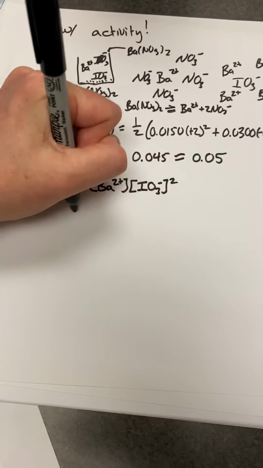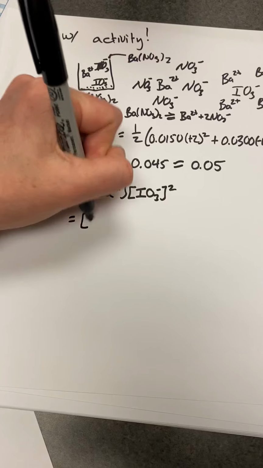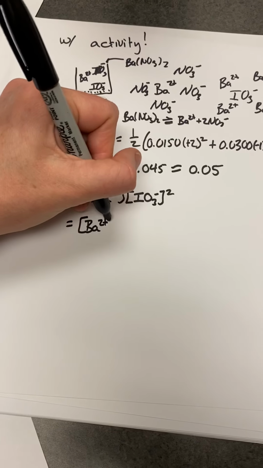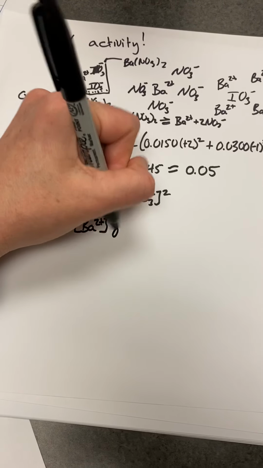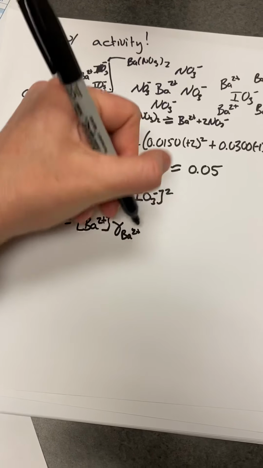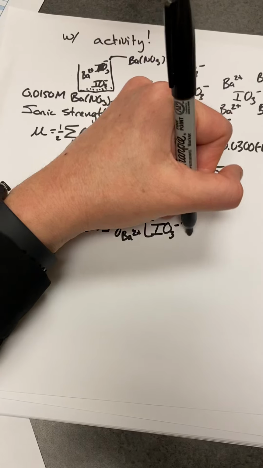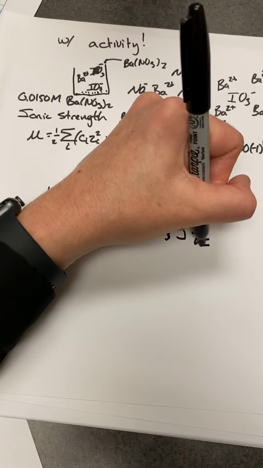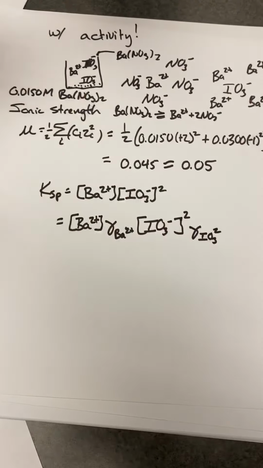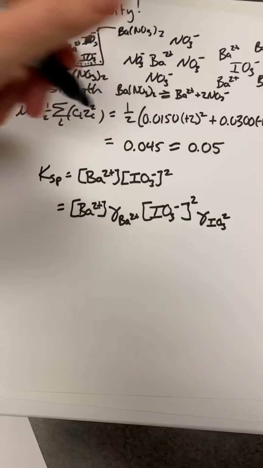But activity tells us that the truth is it's equal to the concentration of barium times the activity of barium, times the concentration of the iodate squared times the activity of iodate squared.